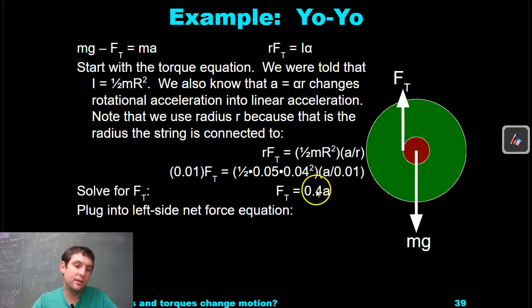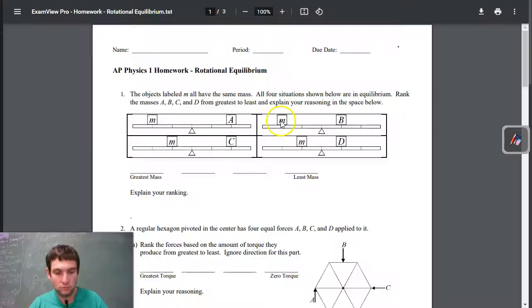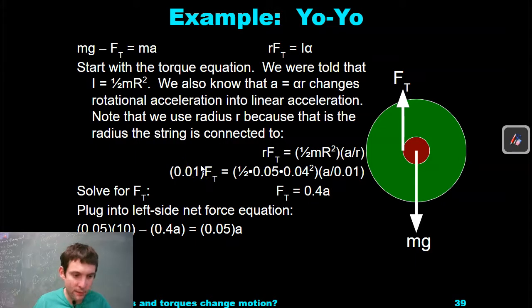Then we're going to plug that into our net force equation to figure out whatever the acceleration is. So this idea of going back and forth between our translational equation and our rotational equation happens, especially on FRQs. So remember that we have that bridge between the two right here with r times F. That is our bridge for the torque.